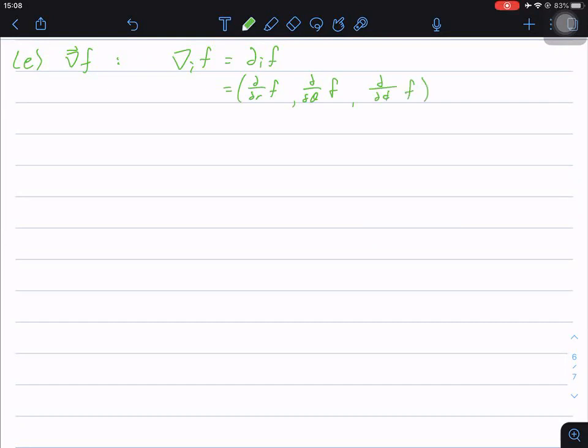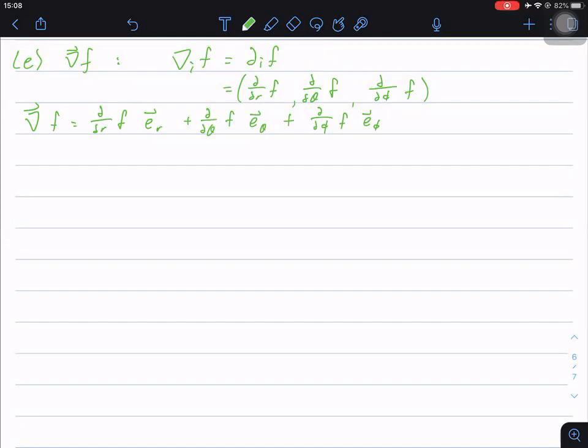Okay, let me write it down in vector form. Partial r, partial theta, and partial phi. Do you guys notice some differences from the original operator we're using?